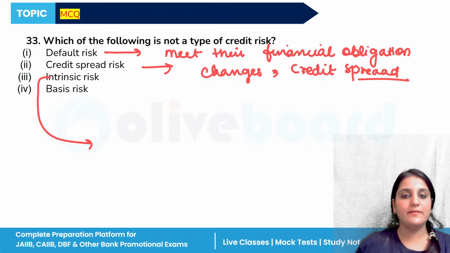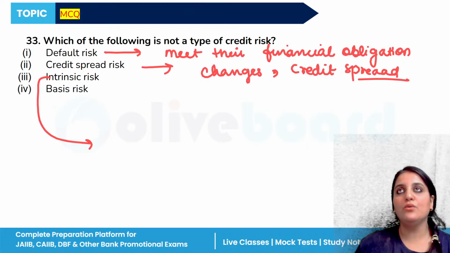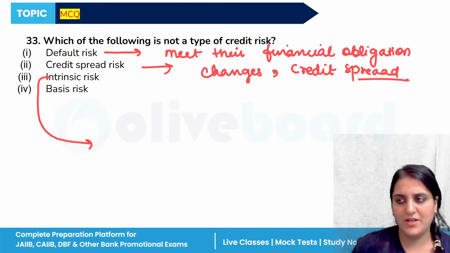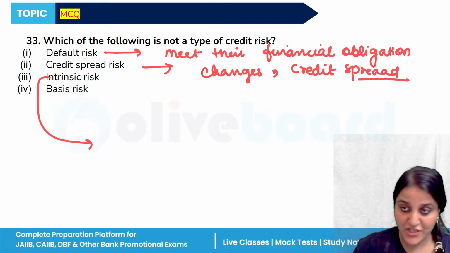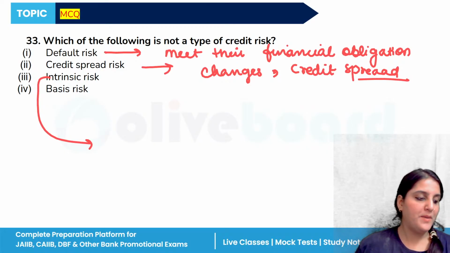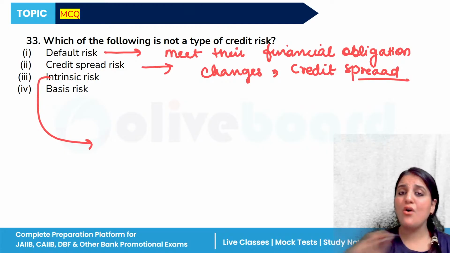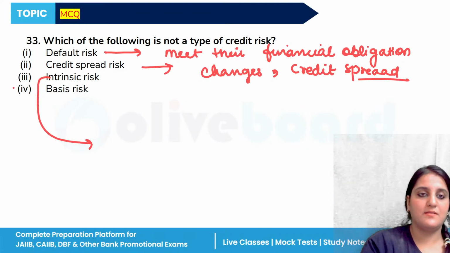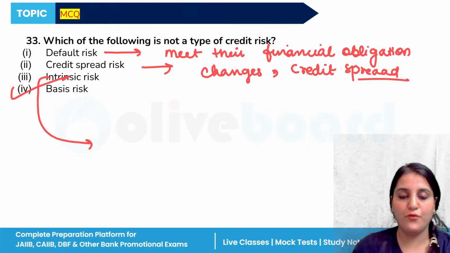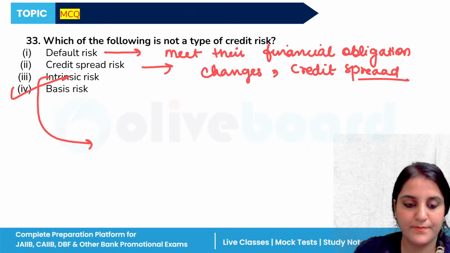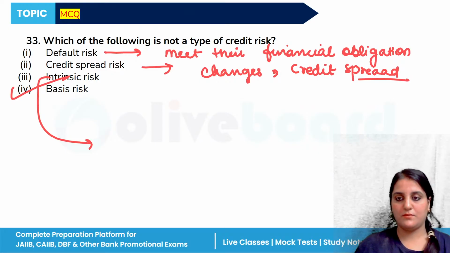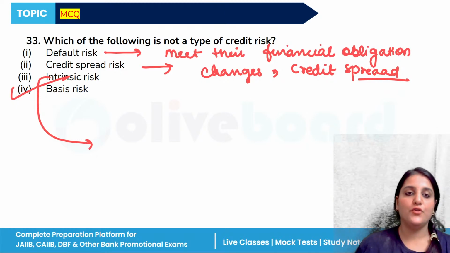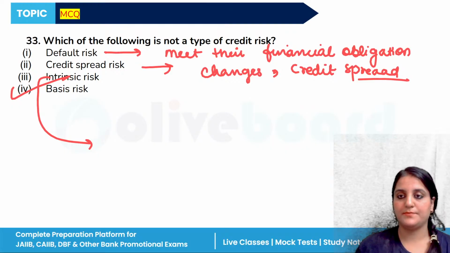I told you earlier, this is the risk that the value will not move in perfect correlation with the value of whatever asset is hedged. So basically credit risk is not related in any way with basis risk. So option four is correct here. Question 33, option four is correct.